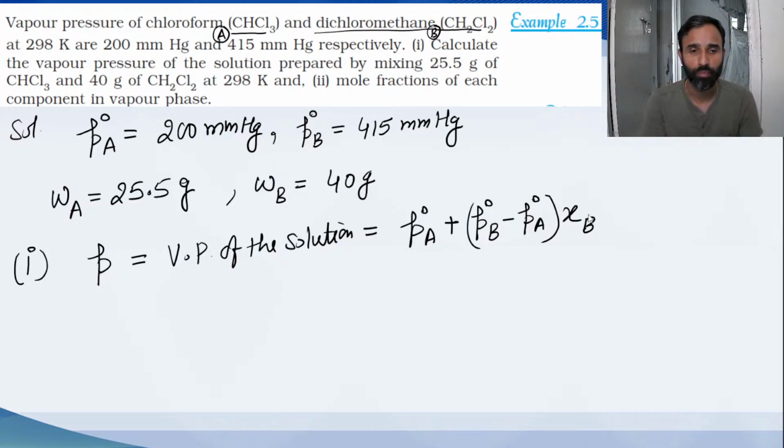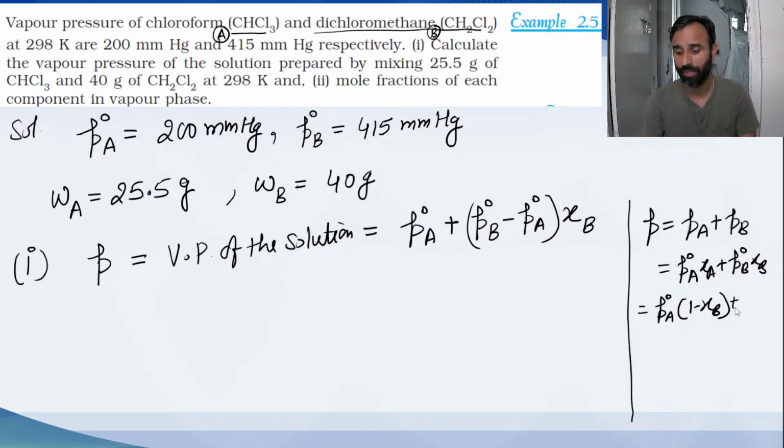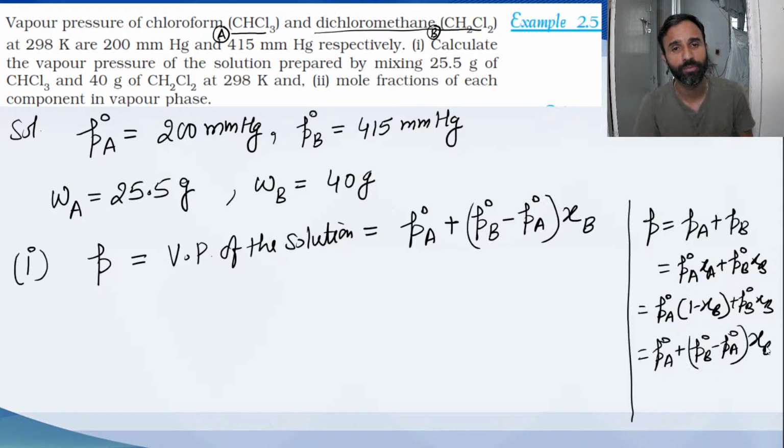Because P equal to PA plus PB, and according to Raoult's law, PA equal to P naught A XA and PB equal to P naught B XB. So P naught A into 1 minus XB plus P naught B XB. So it is equal to P naught A plus P naught B minus P naught A into XB, right?